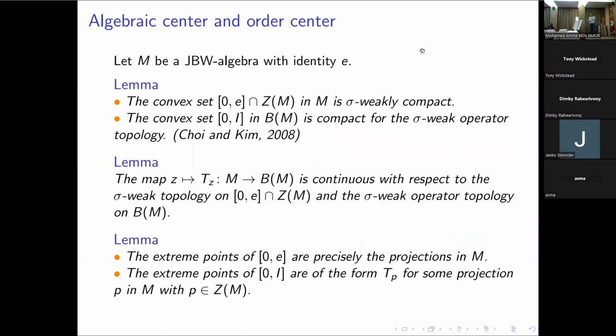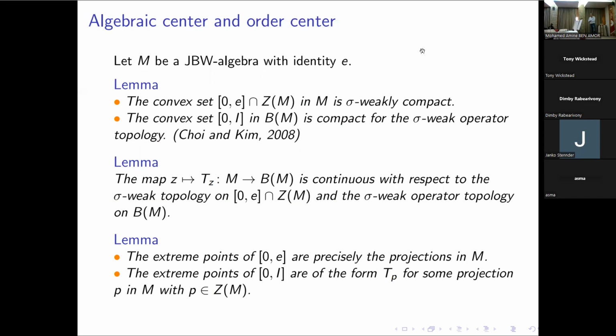Okay, so then we have the statements that we do get compactness. In the JBW algebra with that identity, we look at the order interval between 0 and the identity, and we only take those elements that are also in the algebraic center, and that set is compact for the sigma weak topology.